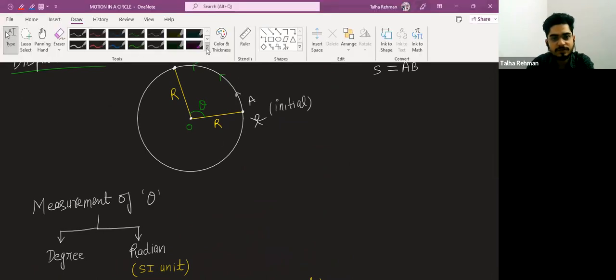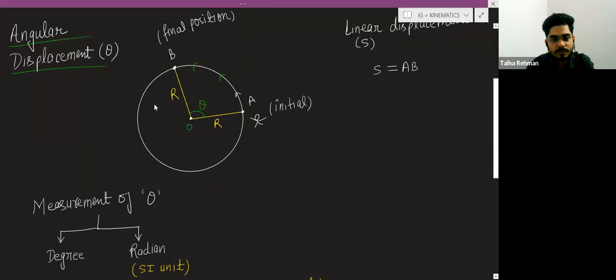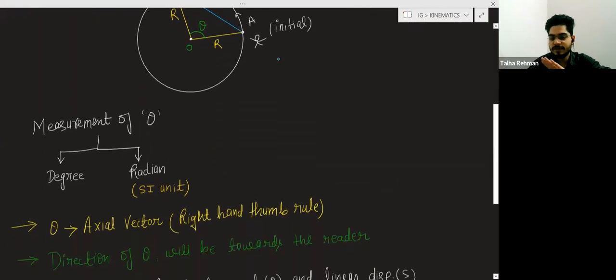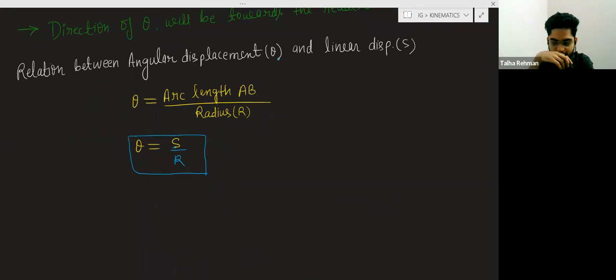In that case both the distances become the same, so you can write S equals r theta. This is the relation between the angular displacement and the linear displacement.